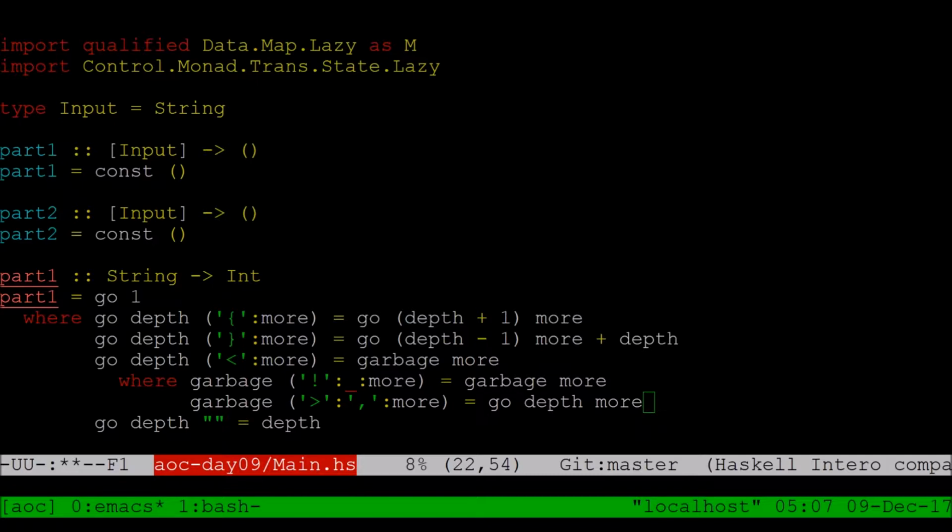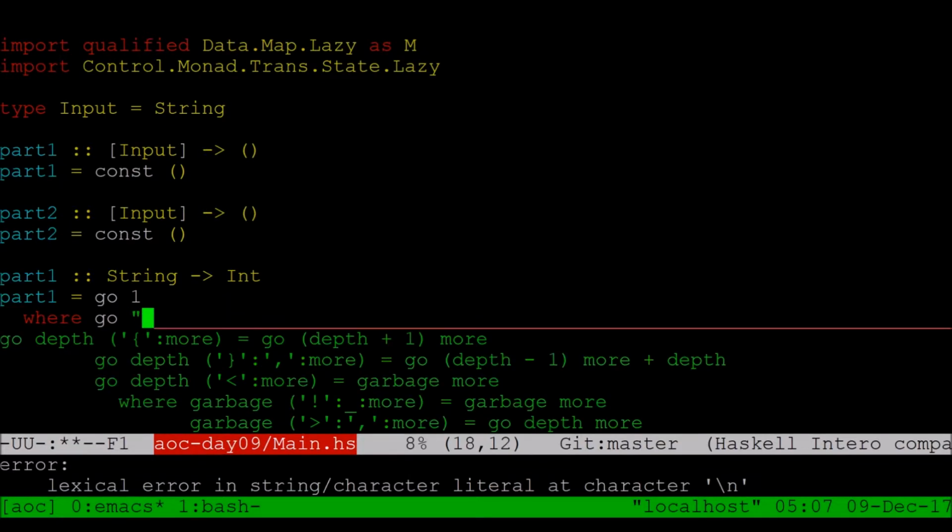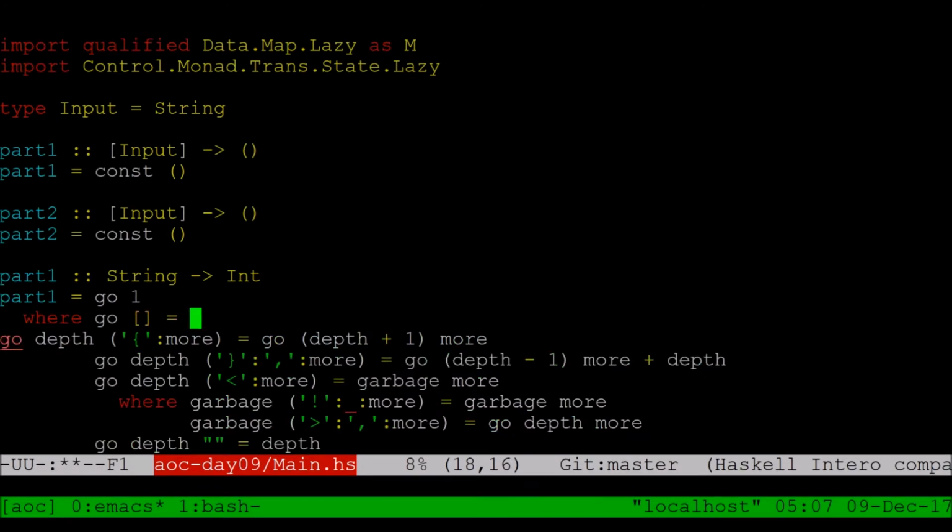Oh, groups are also comma separated? They are, okay. So we should, already have that clause. Okay.